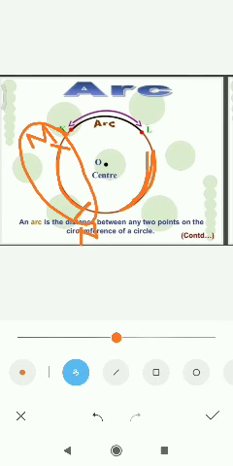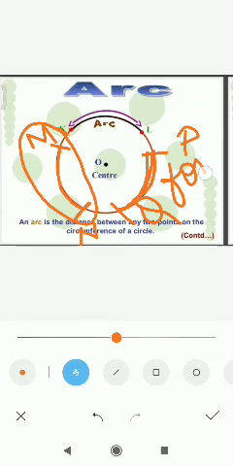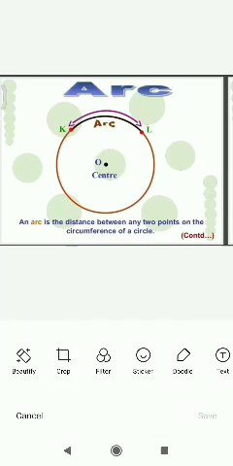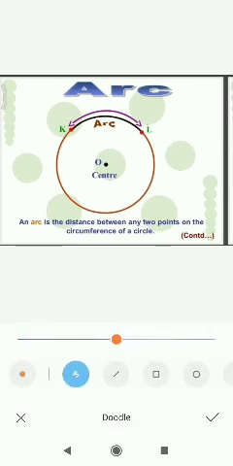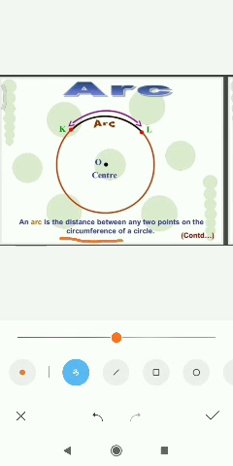From here to here, again this is P and this is Q. These are 2 points on the circle, and this curvature, the distance which is in the form of a curvature, is arc. Arc is the distance between any 2 points on the circumference of the circle.